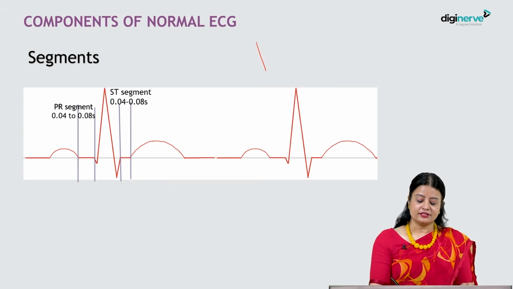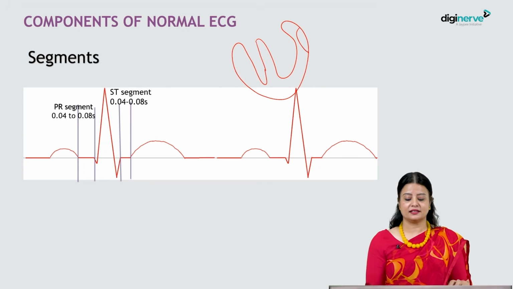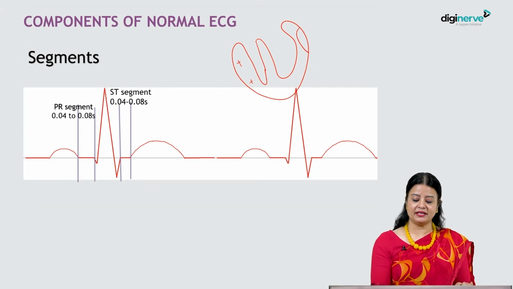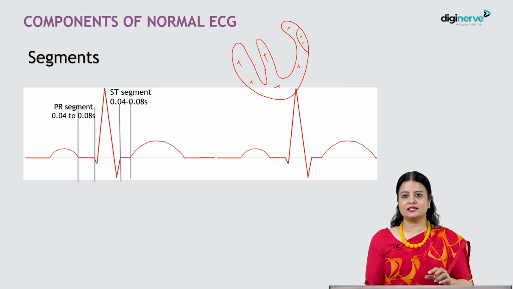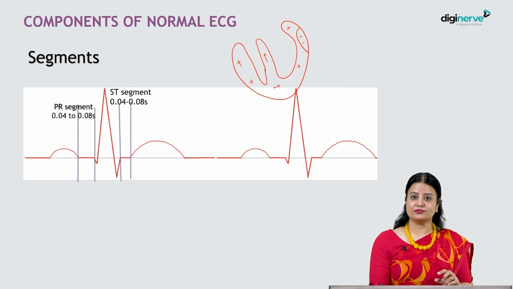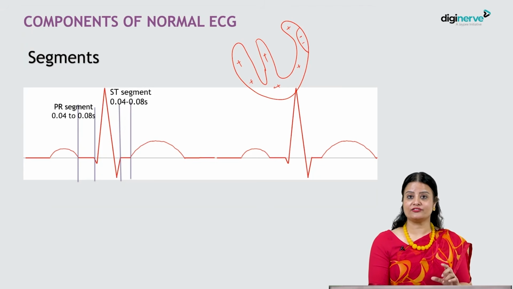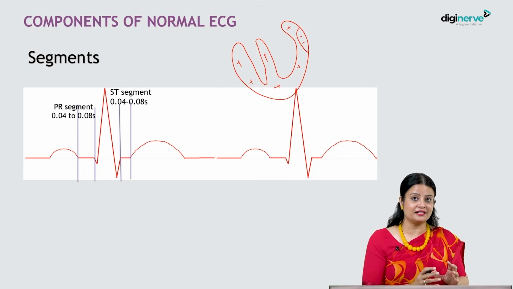So, just think of a scenario when the entire heart is depolarized, but there is some injury in this part of the heart. So, the entire heart being depolarized, this particular part is not depolarized. What will it lead to if this part is injured? So, this is going to result in the current of injury, and it is going to affect the ST segment.